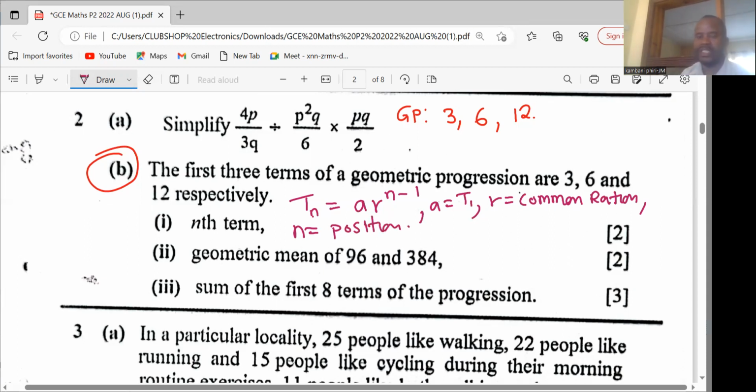In this regard, we want the formula specifically for this.